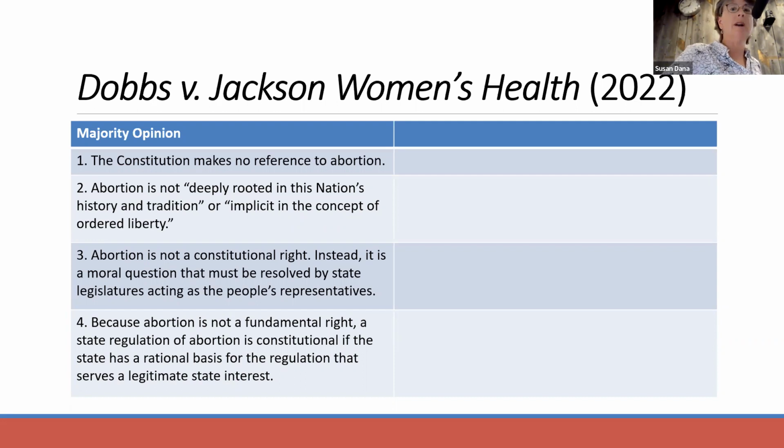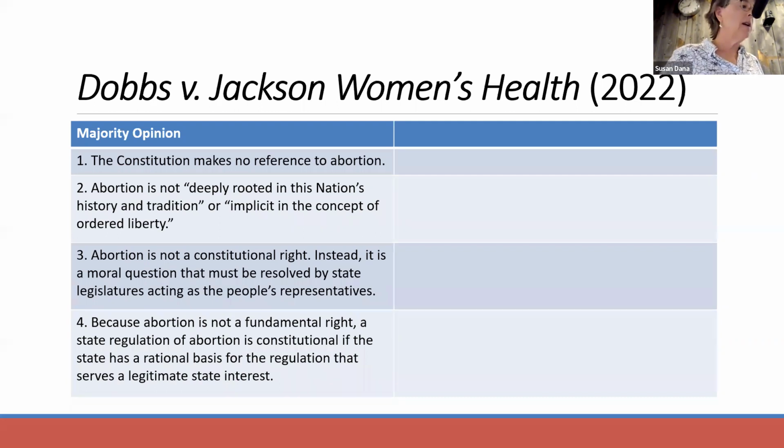Those of you who know constitutional law know that there are different levels of scrutiny that the court applies to infringements of different rights. This is the lowest level of scrutiny. So the court basically says, because abortion is not a fundamental right, as long as the state has a reason for regulating abortion, it can.